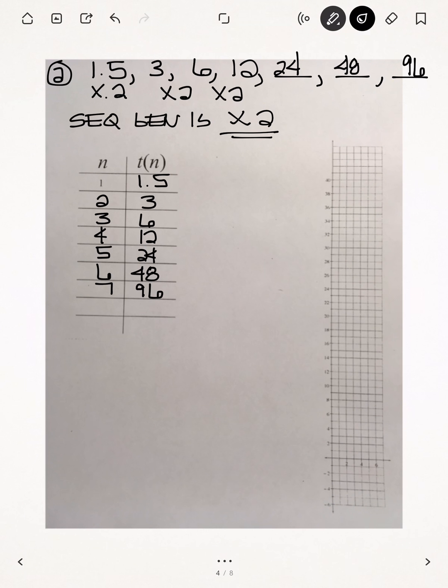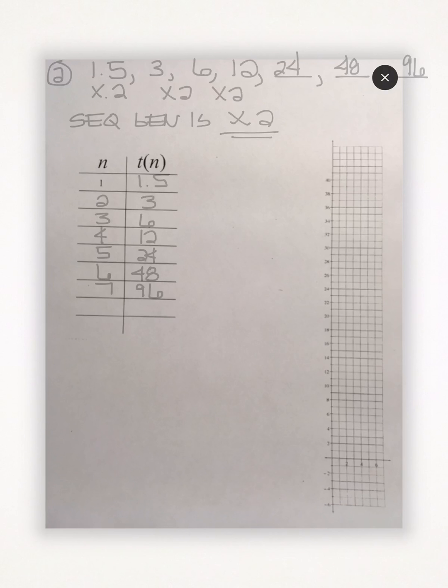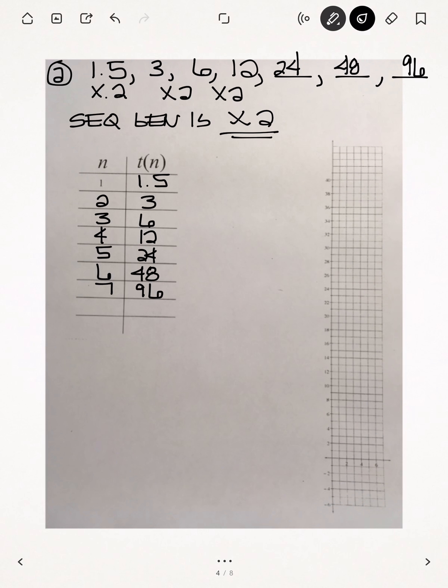If I go over 1, up 1.5, I'm going to be about right there. And then I go over 2, up 3. I go over 3, up 6. Over 4, up 12. Over 5, up 24.